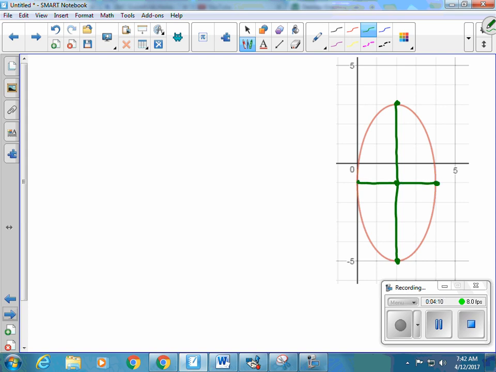So I can find my center, which is no big deal. I've got my center here at 2, negative 1. This one also happens to be a vertical major axis.